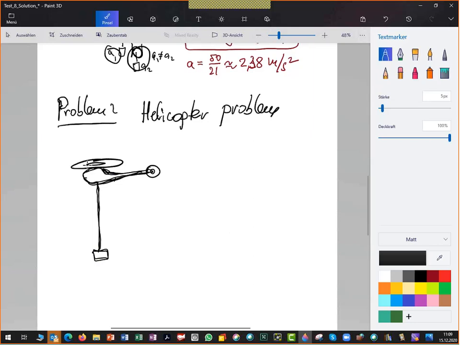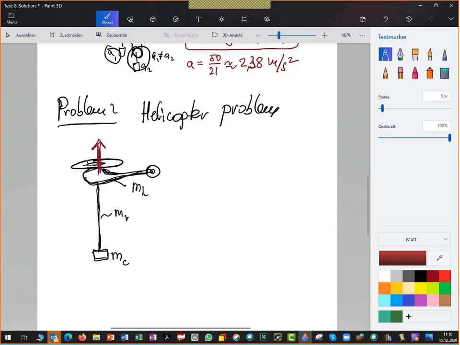So let me introduce what we have in our system. Let the mass of cargo be MC. We have the mass of the rope, MR. We will have some mass of the helicopter, let's call it MH. And what the helicopter does, of course, is apply some lifting force, which is the force of the engine.